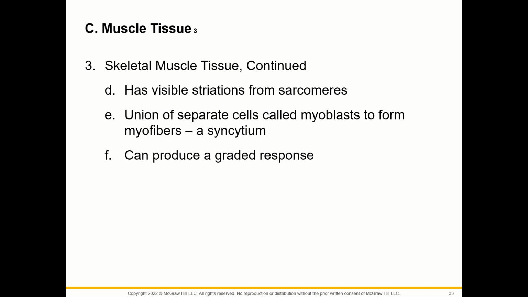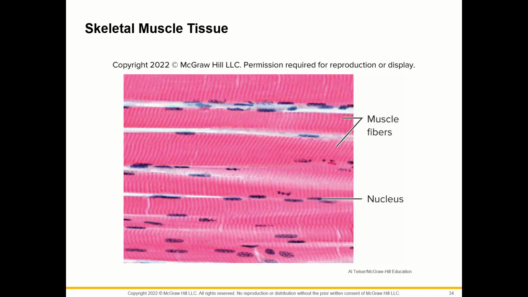The muscle cells can produce a graded response that increases the strength of contraction as needed. This illustration shows skeletal muscle tissue, and you can see the muscle fibers are multinucleated and striated, and they are going to be under voluntary conscious control. They're what we call somatic.